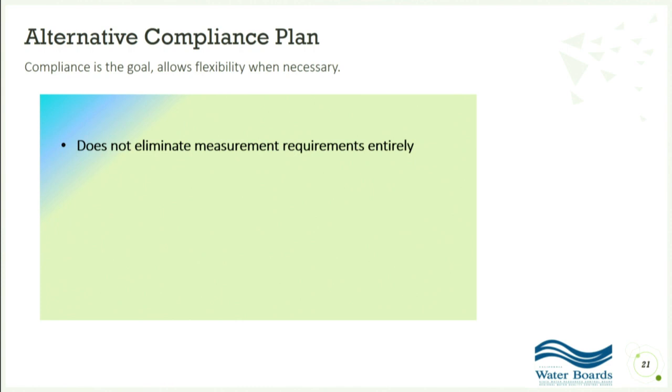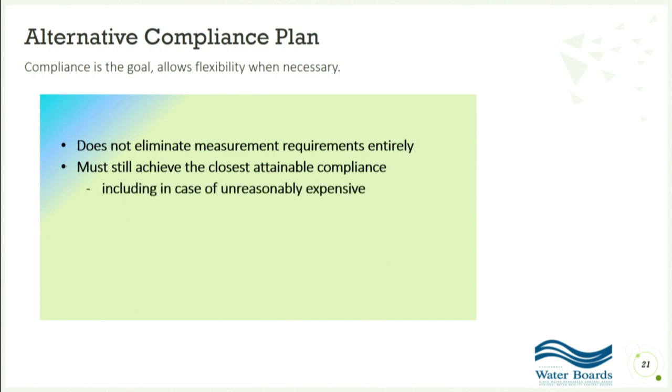Alternative compliance plans do not eliminate the measurement requirements entirely. You must still achieve the closest attainable compliance, including in cases of unreasonably expensive claims. The plans should not result in data gaps, meaning the plans should say that the diversion will be measured whenever there is water diverted or water is used.